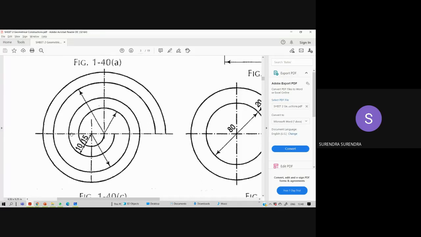After completing these two, now draw one more center line here, upward. This center line should be drawn downward, and this center line should be drawn towards upward. Means the condition is: for the arcs drawn below the horizontal line, we should take this as the center, and for the arcs drawn above the horizontal line, we should take this one as the center.